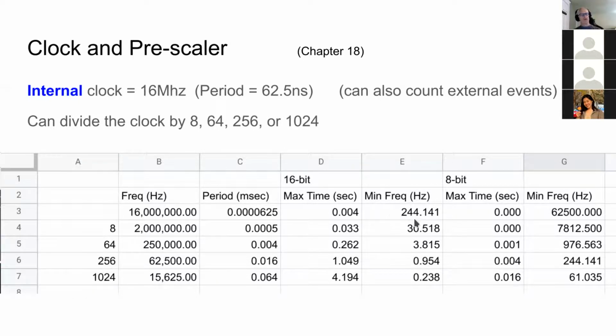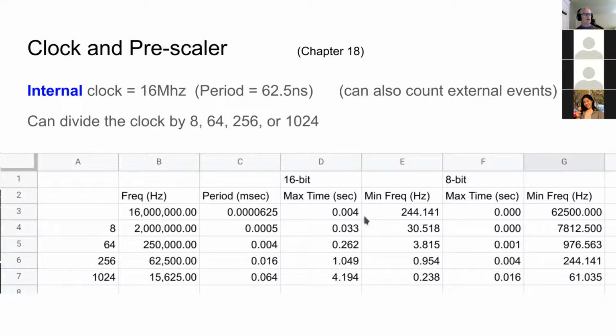Actually, this is probably wrong. This is 1 over this maximum time, but the slowest frequency would be 2 over that time, because we have to have a full period. We have to have a 1 and a 0 to constitute a full cycle. So I'll actually correct this before I release the slides. But the point is, the faster your clock, the higher the minimum frequency you can output.